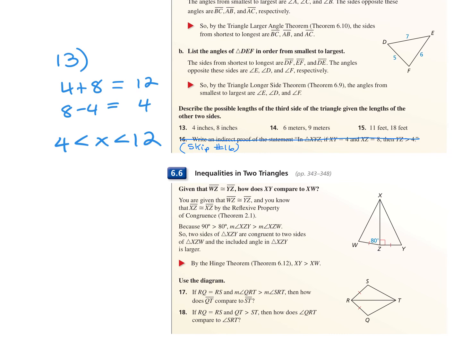If I give you 3 numbers and I ask you, will these 3 numbers form a triangle? You're going to add and subtract the 2 smaller numbers, and if the largest side falls in between that sum and difference, then your answer is yes, it will form a triangle.